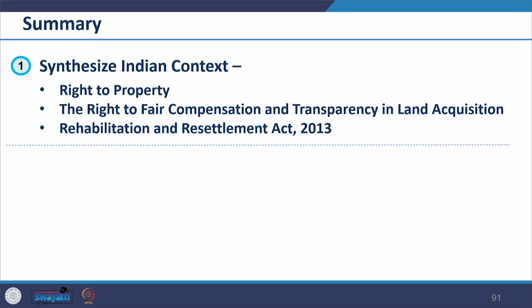Then we looked at the key documents which are required to be prepared, and the issues and concerns of social impact in land acquisition and rehabilitation and resettlement. Today in this session we saw this Act and how it takes care of all those provisions, and how those are being translated through legislation. So that was all for today.